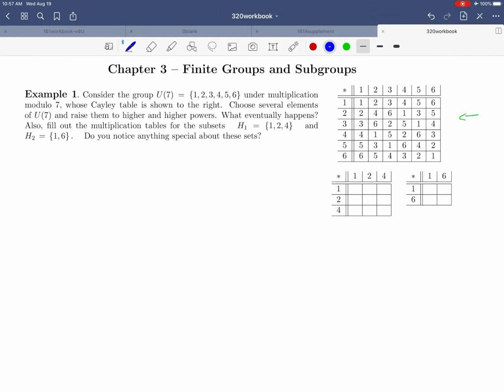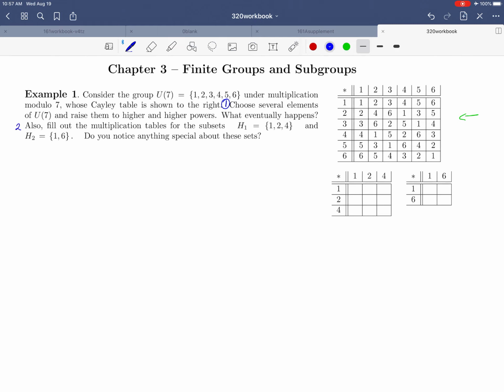They're asking us to do two things basically. First, choose several elements of U7 and raise them to higher and higher powers, then look at the results and see if we can generalize something.